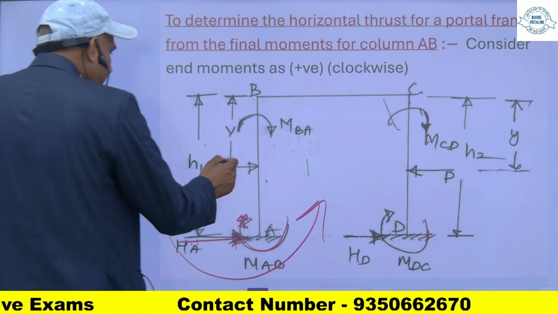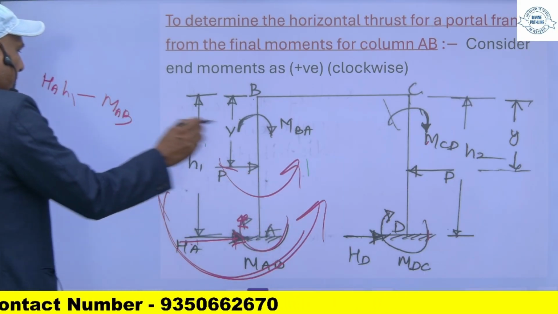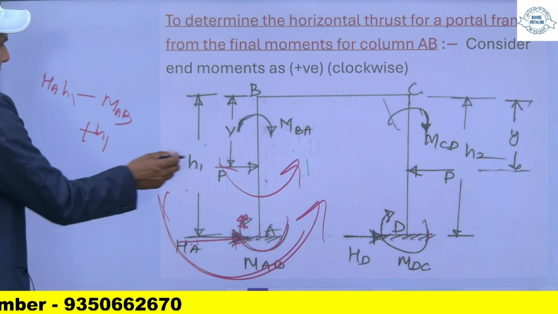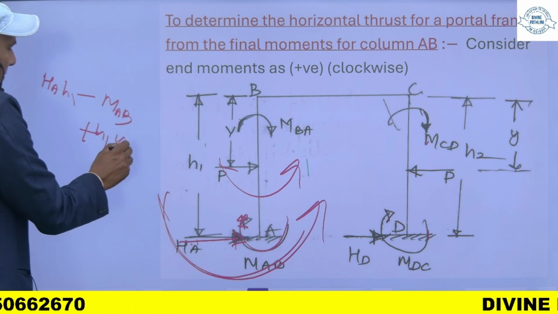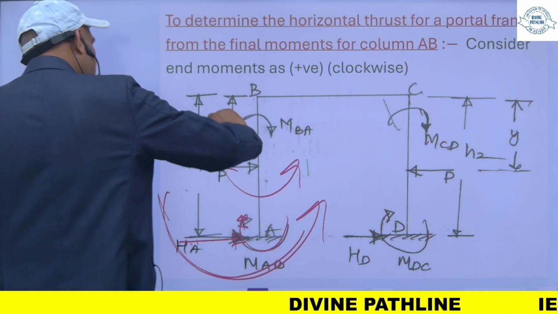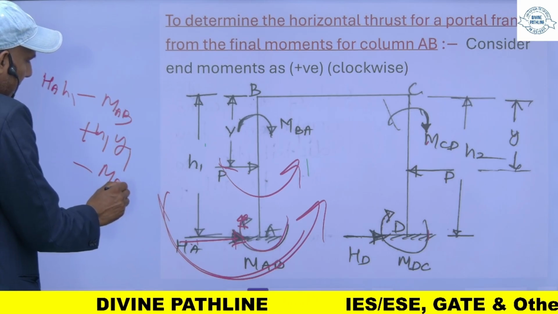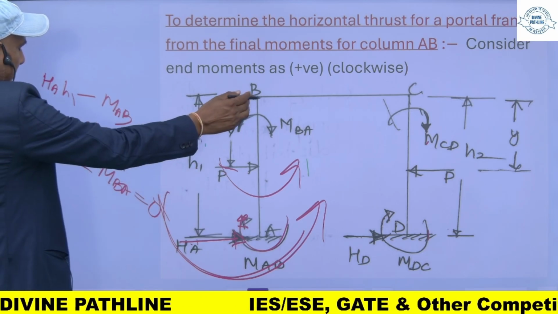And the direction of this will also be the same as you assume, this positive. So it will also be H1 into Y, and since you treat this positive, this will be negative, and that should be equal to 0.